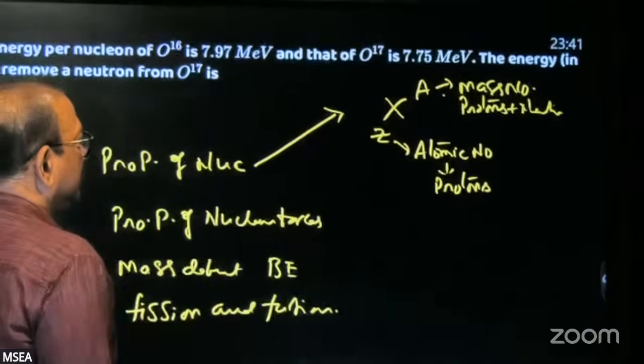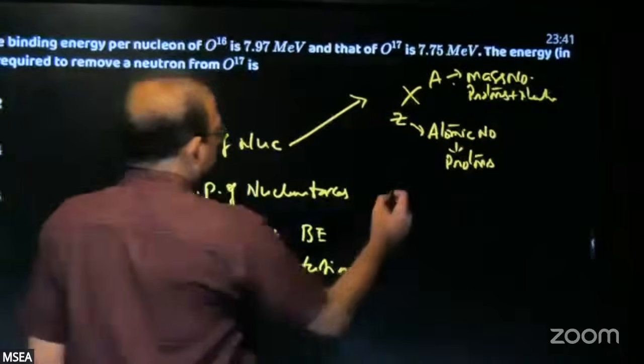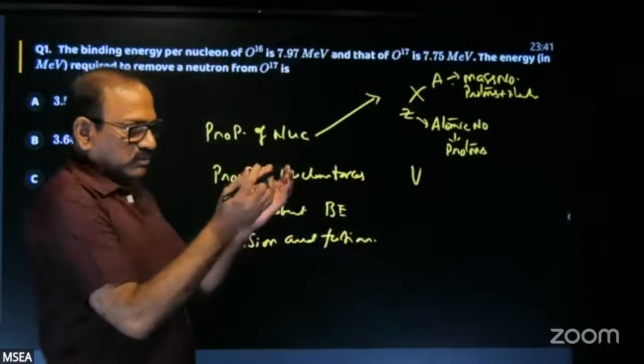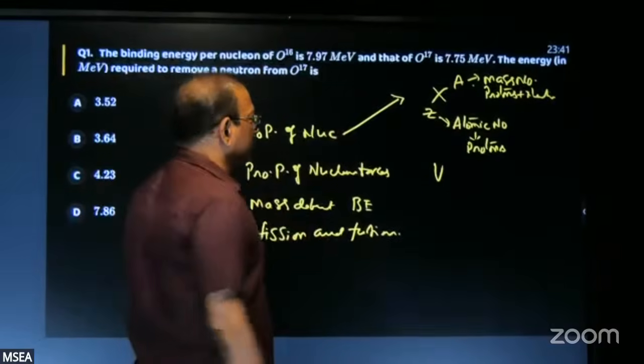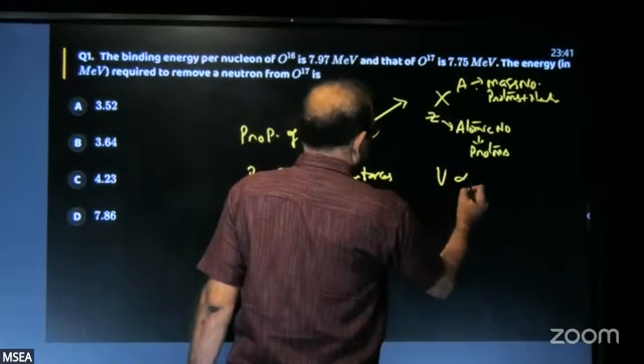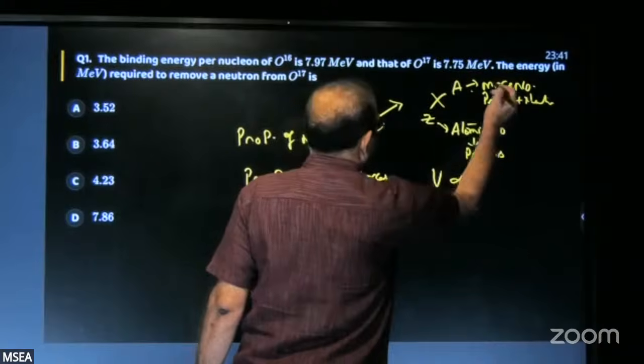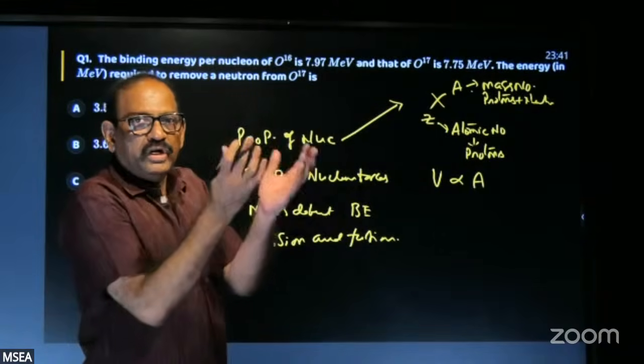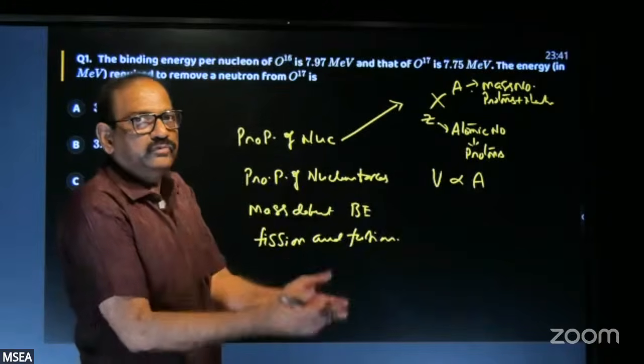And nuclear volume of nucleus is directly proportional to this mass number only. If more nucleons are there, more volume will be there.